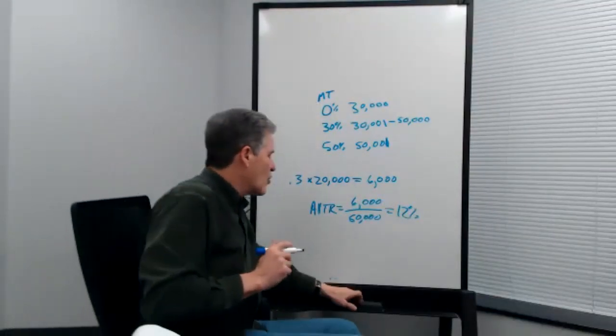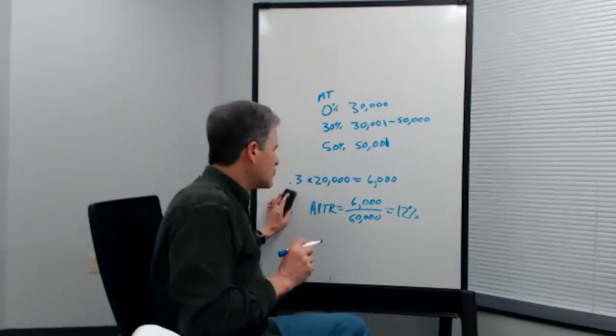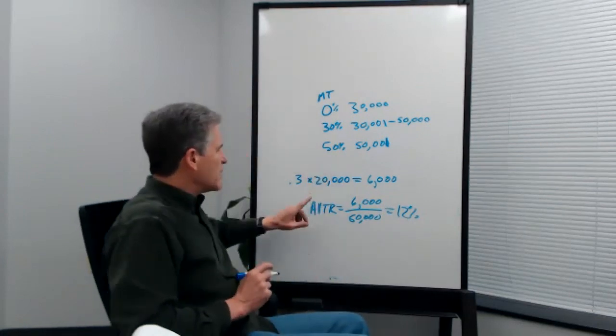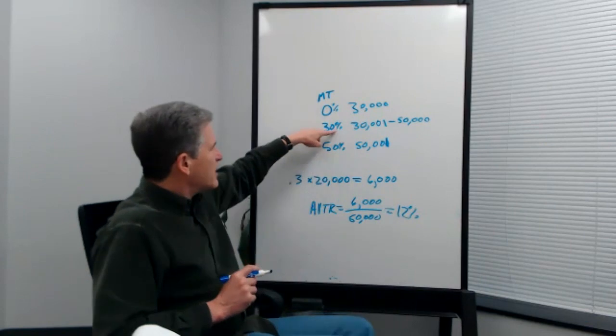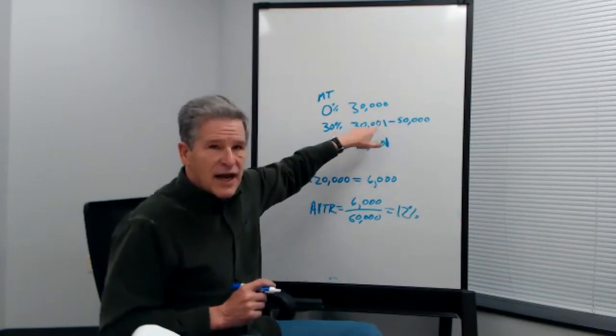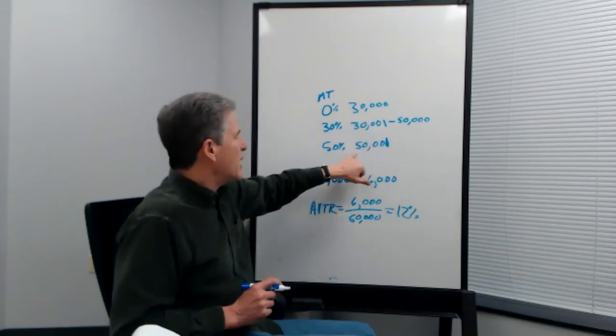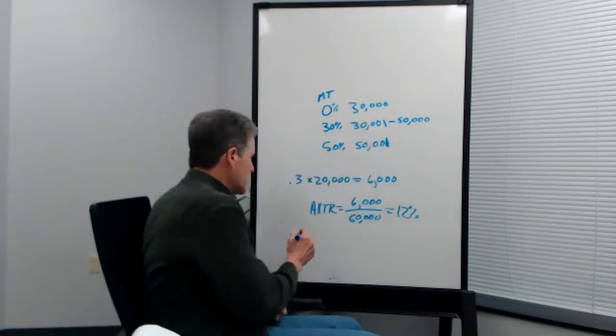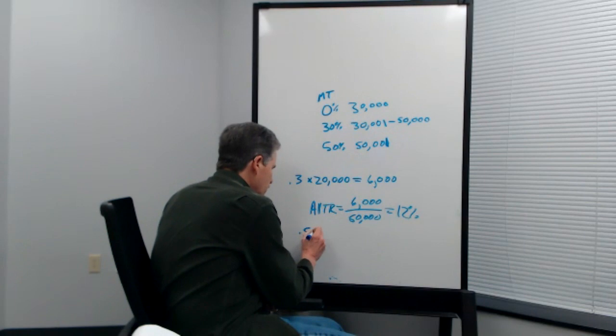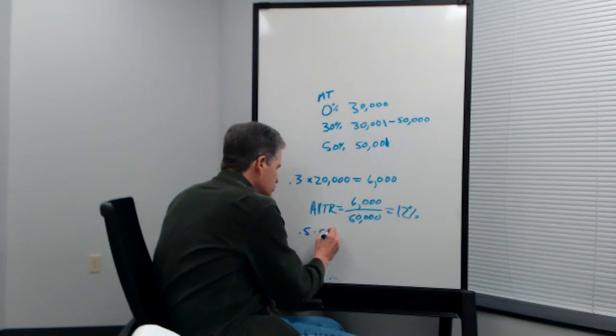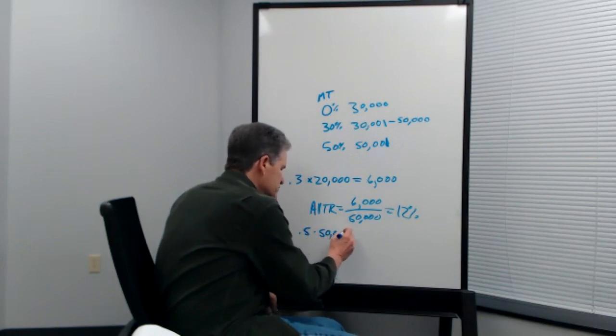Okay. Now, what happens if you're making 100,000? Well, you're going to pay the same amount of taxes on the money between 30 and 50, but then you're going to pay 25,000 on the money you're making above 50,000, which is $50,000.